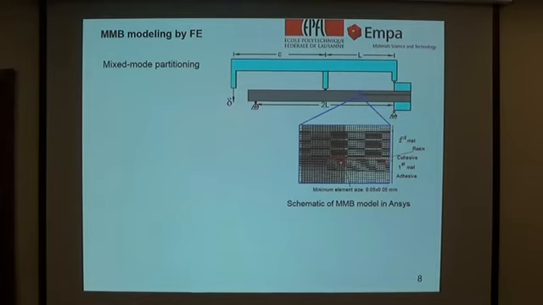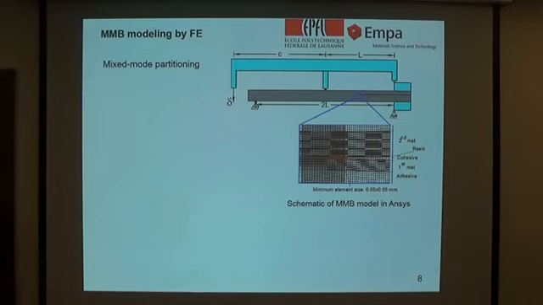For those of you who know the problem of crack propagation in the interface, when we have two different materials on the two sides of the crack, the solution is really sensitive to the mesh size, and it's not easy to get this solution.